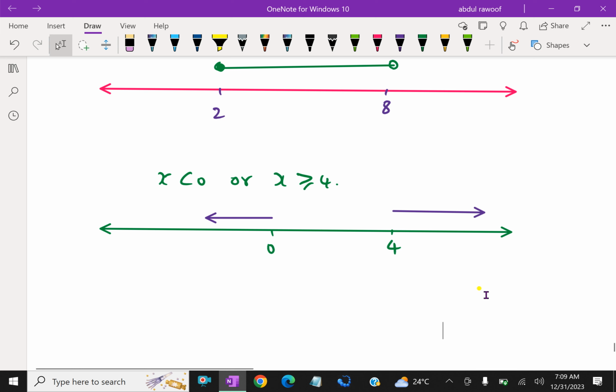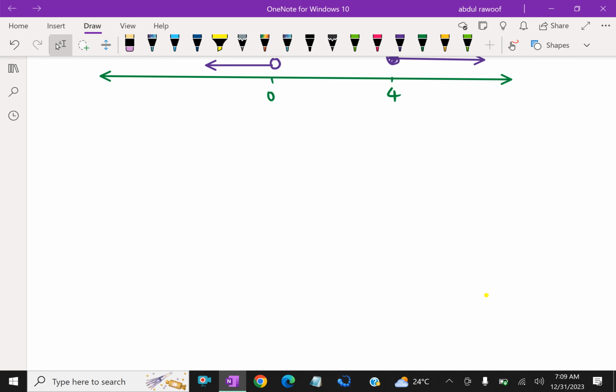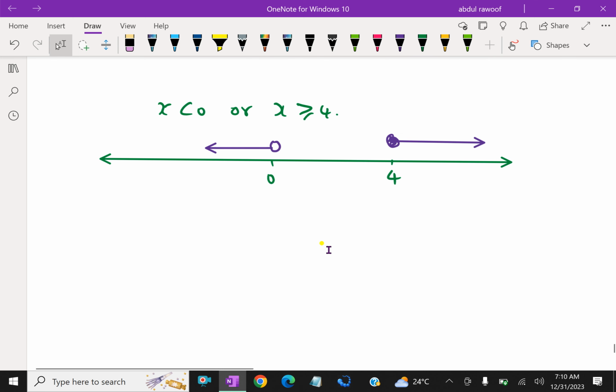So only x greater than 4, it is a hollow dot, and here this is thick because the equal sign is also there. These are the methods to represent linear inequalities in a graph.